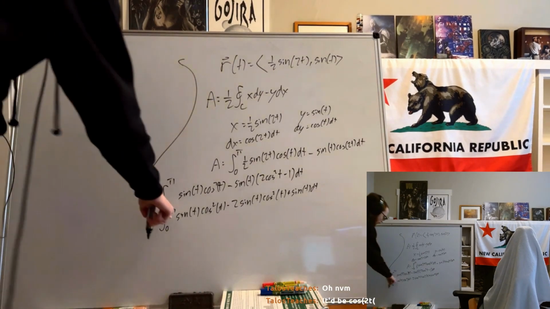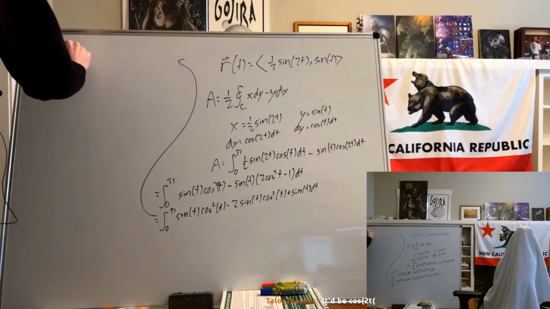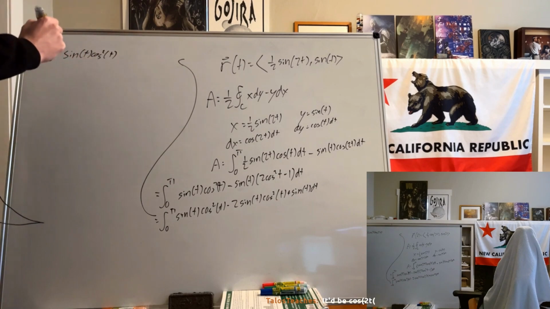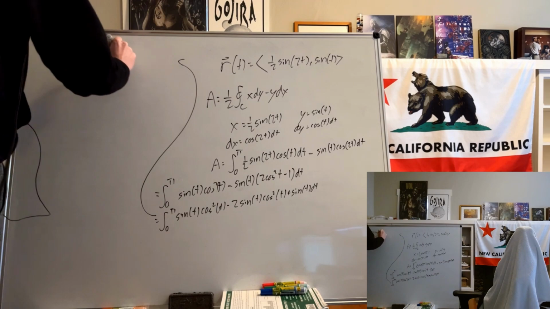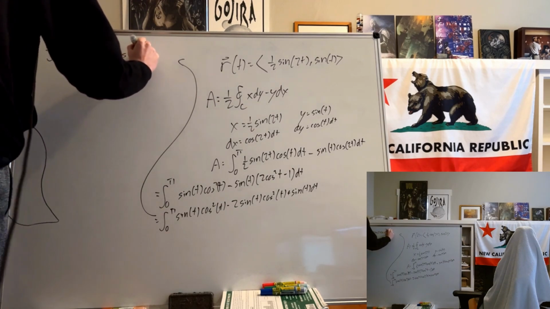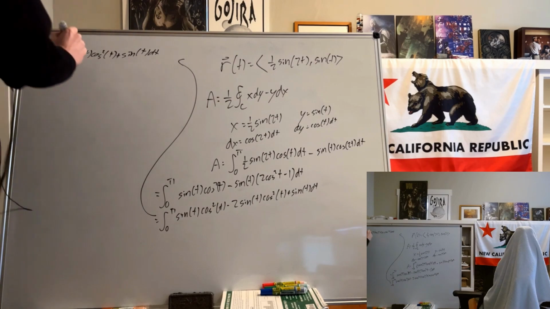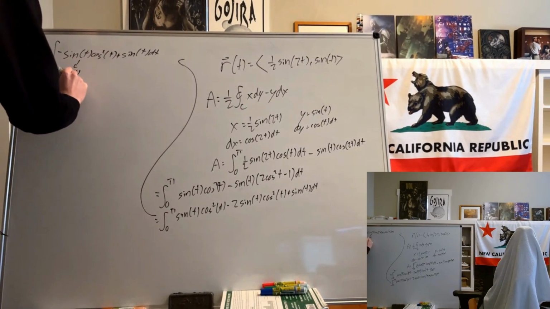So let's do 1 minus 2 is negative 1, plus sine t. Okay, now we'll do our u sub. du is minus sine t dt.